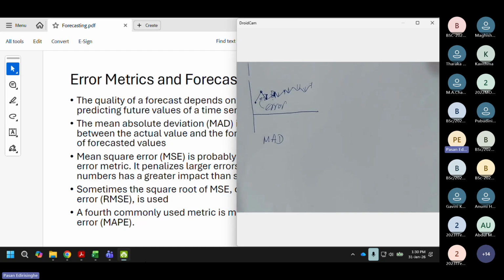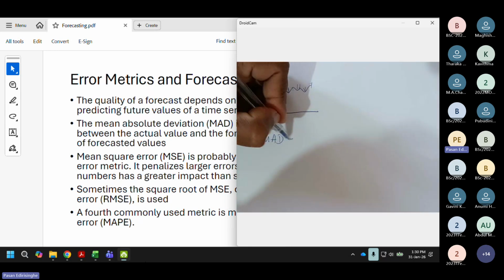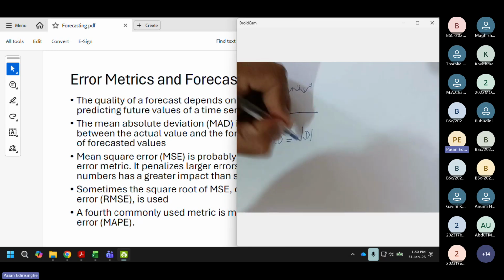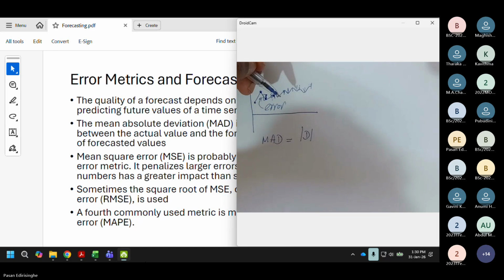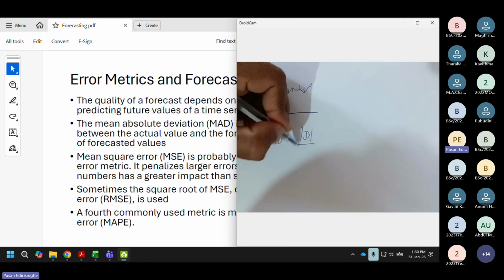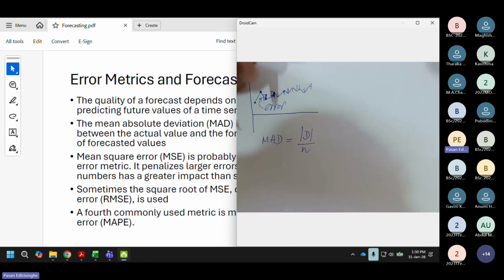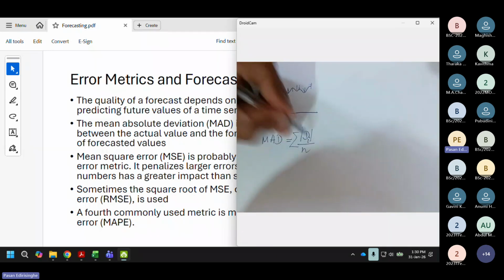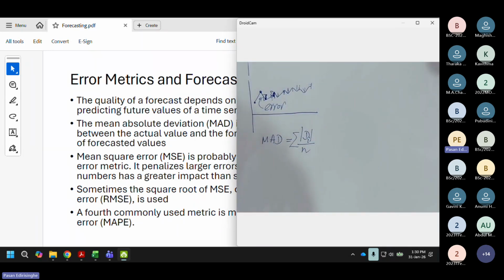Okay, so to get a better idea of the actual deviations, we can take the absolute value of the deviations and then divide by our count, right? So I can define that as d_i, and take the summation of all the deviations.